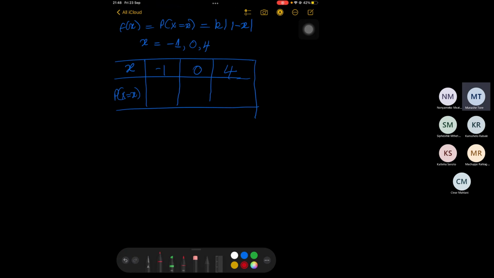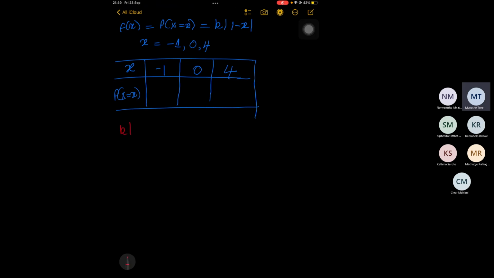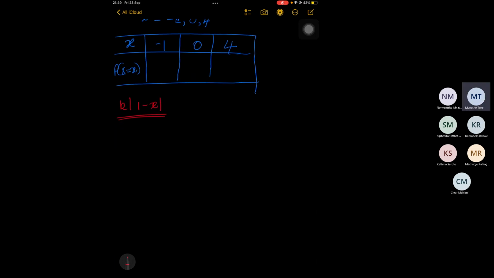So our function here is saying k into the modulus of 1 minus x. This is our function, so let's just call it function of x. Function of x is equal to k into the modulus of 1 minus x. So what is the function of negative 1?